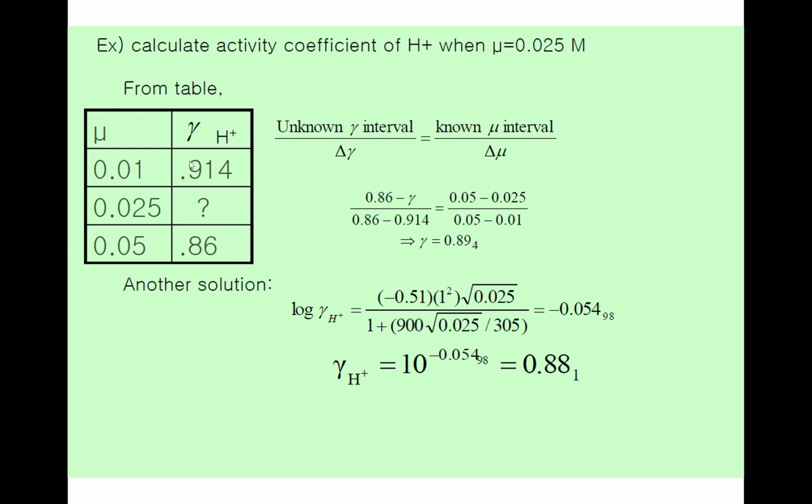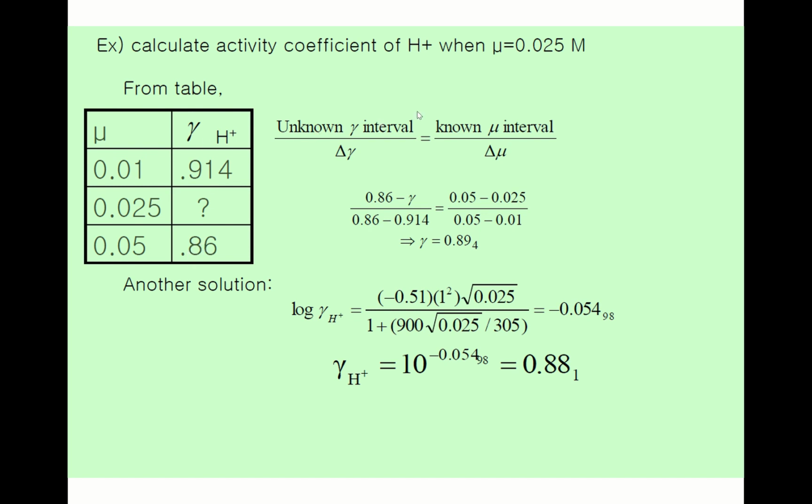We read the gamma from the table: at 0.01 of mu, the gamma value is 0.914, and for 0.05 mu, gamma is 0.86.